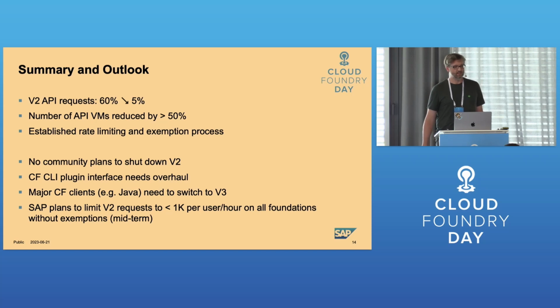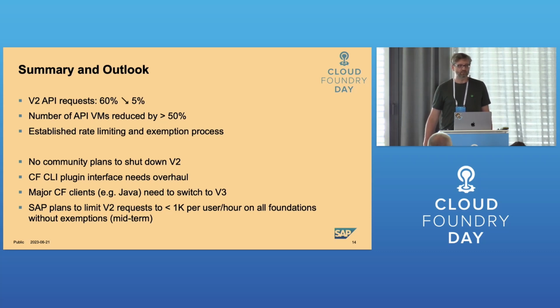So we plan to apply this rate limit of 1K to all our foundations. So what Johannes showed was not the whole truth. The 1K, unfortunately, is not applied to all foundations, but this is our midterm goal. And also to reduce the number of exemptions, so that finally we really only have about or less than 1K v2 requests per user and per hour.